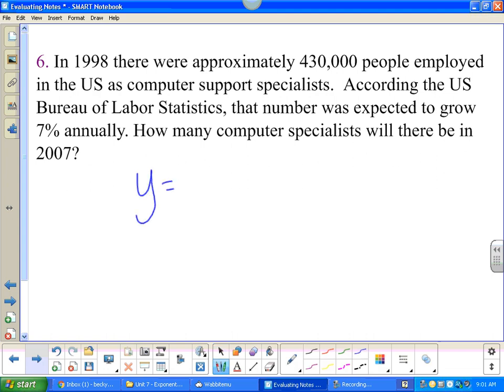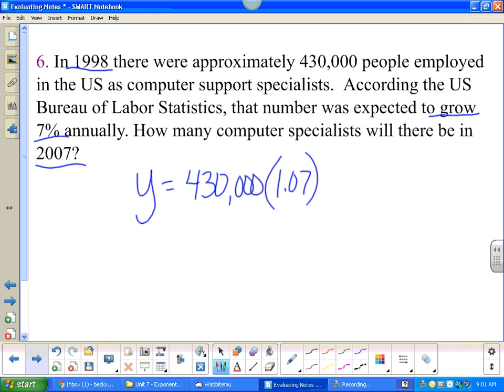Okay, how many do we have to start with? We have 430,000. We are growing 7%. And I want to go to 2007, and I'm starting in 1998. So let's see, 7, 8, 9 years.